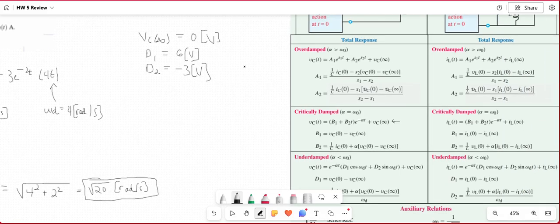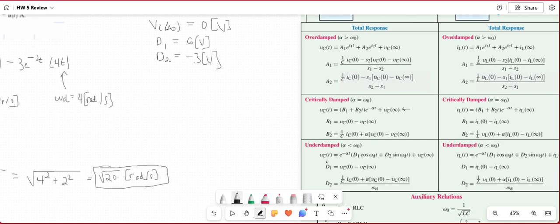All right. Anyway, we're going to look at the D1 equation because this is going to help us find this. In order to find D2, we need VC of 0. So we use the D1 equation, which has VC of 0, and we already know what VC infinity is and what D1 is. So D1 equals VC of 0 minus VC of infinity.